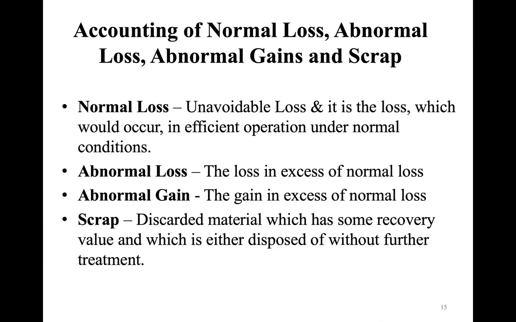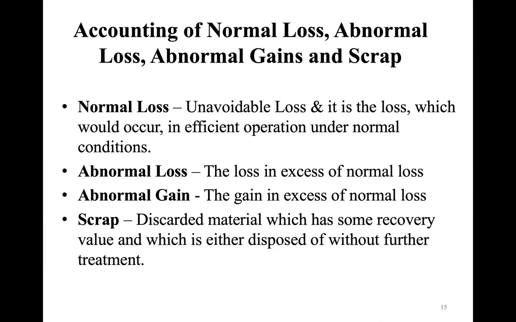So this is something expected, right? It's unavoidable. We won't be able to avoid this loss. No matter what we do, we won't be able to avoid this because the operation will be efficient and the conditions will be normal, but this loss would still occur. That we call the normal loss.